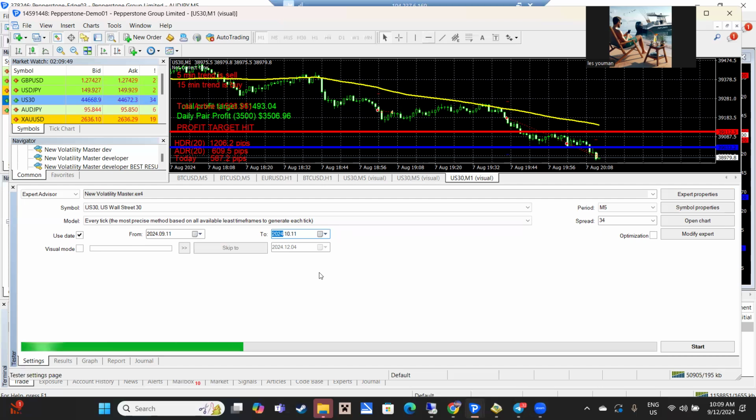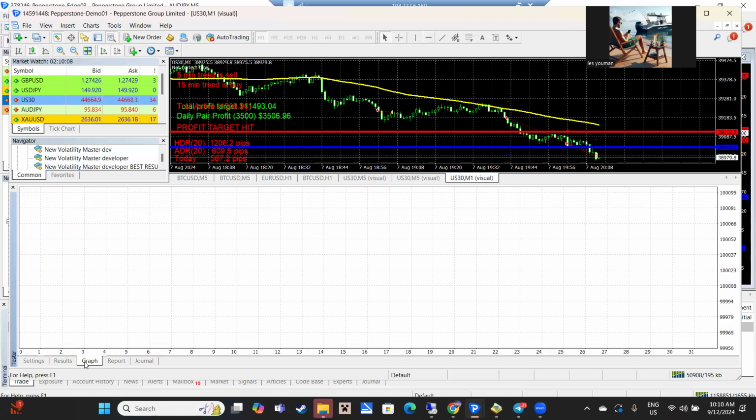But I can't withdraw that until I've done a full month of trading. And most will also give you back that challenge fee, that $800 that I paid for the $100,000 account. You'll get that back as well with your first profit split. So let's just let this trade for a full month and we'll see how much money we would have made.